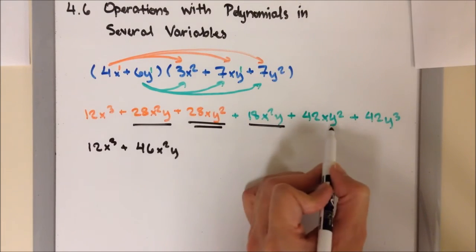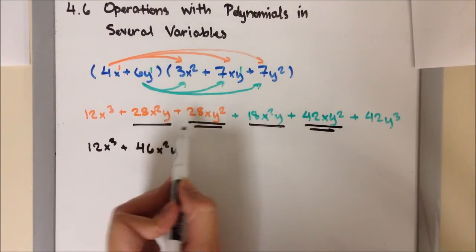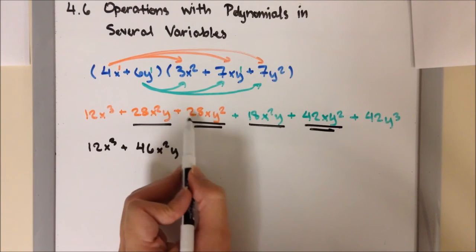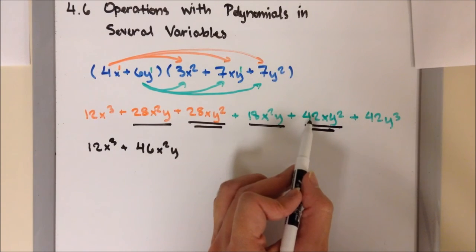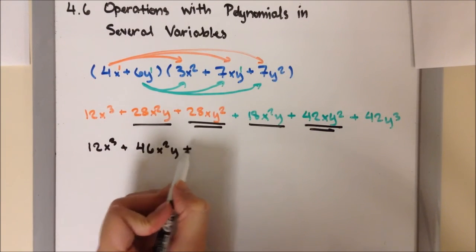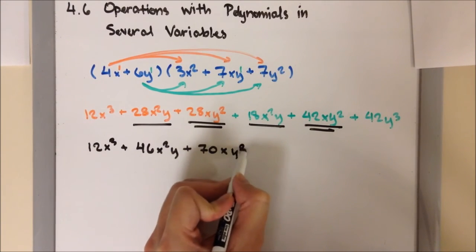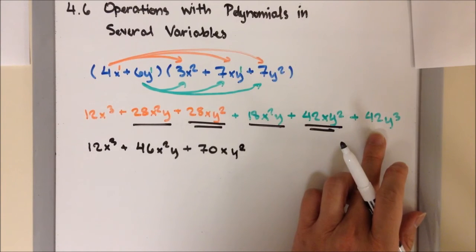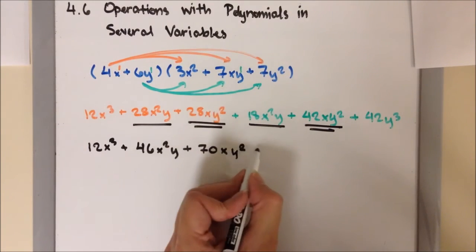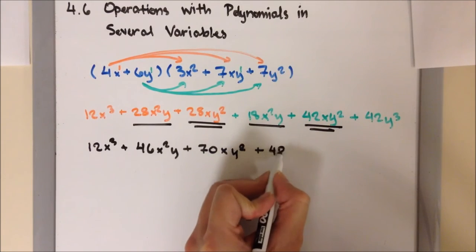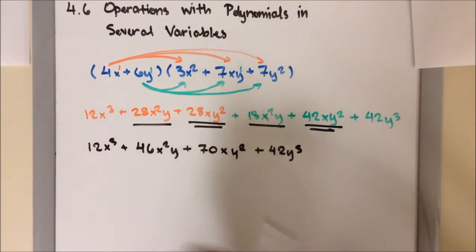And there's another one just right here. So I'm going to combine these two. So positive 28 with positive 42, that would actually be plus 70xy squared. And then last is the y to the third. There's no more, so I'm just going to bring this one down. So plus 42y to the third.